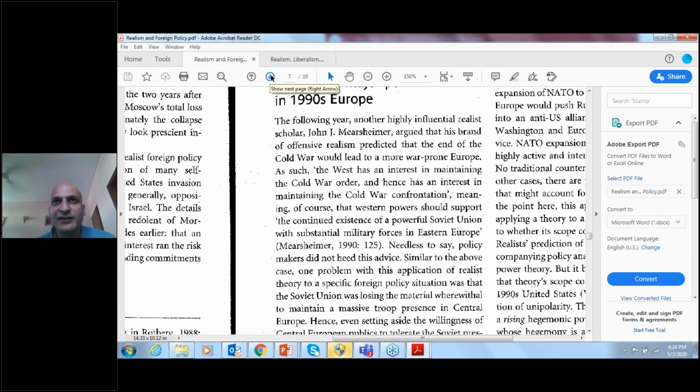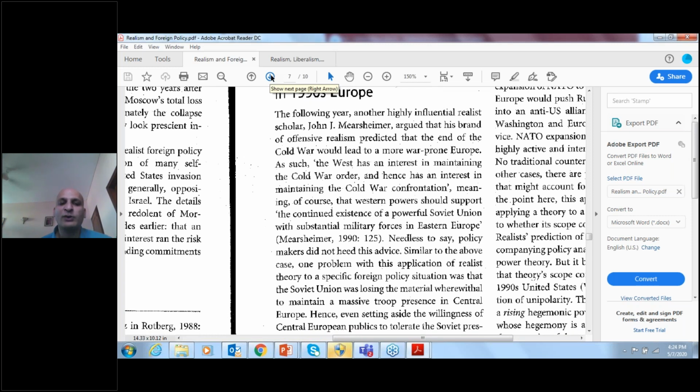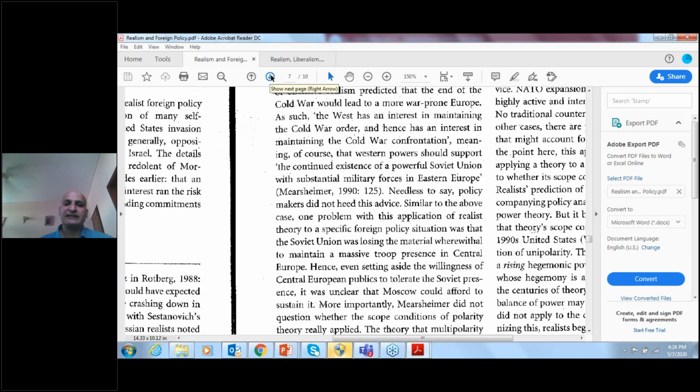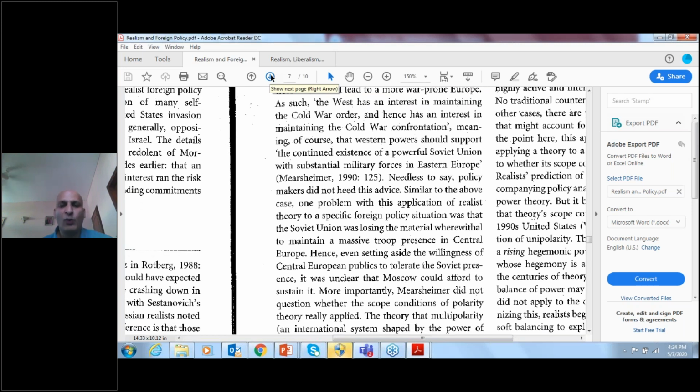He believes that countries will therefore go to war until they have achieved this kind of hegemony. So Mearsheimer was predicting that the end of the Cold War would lead again to war in Europe, because the balance of forces had been disturbed. But this major power war did not happen in Europe.